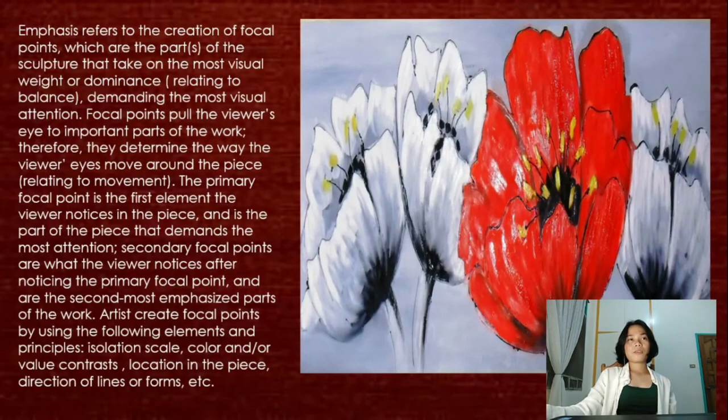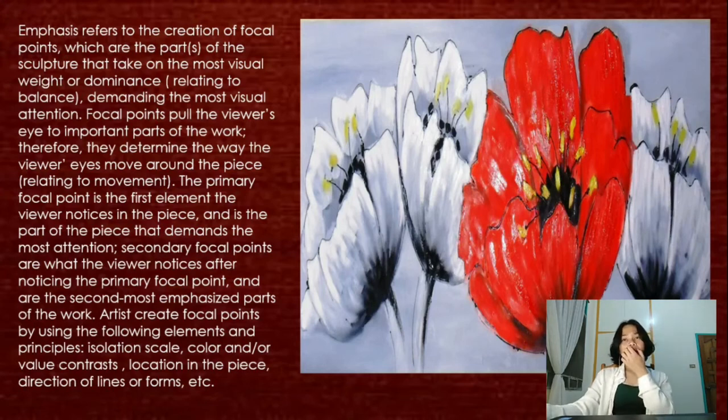Next is emphasis refers to the creation of focal points. So as you can see in the image of in my visual, makita jud nimo even na same balance sila hang pag-paint sa pag-draw, same sila flower, but kay tungod kay focal points man siya, so makita jud nimo ang kalahian.